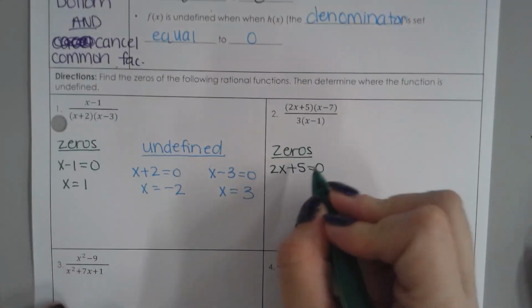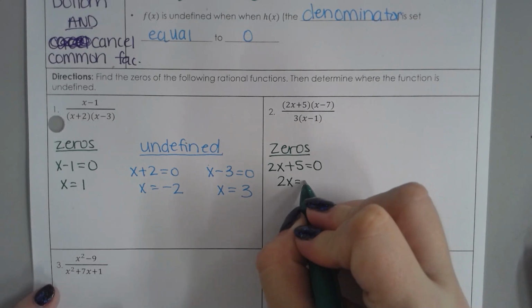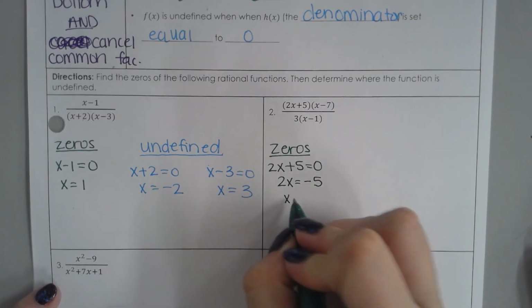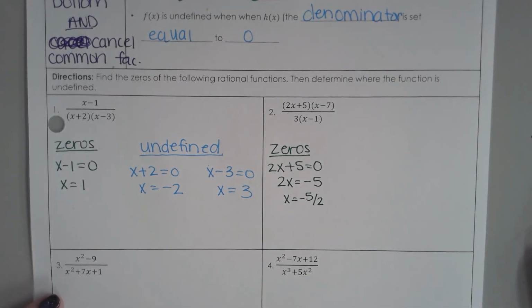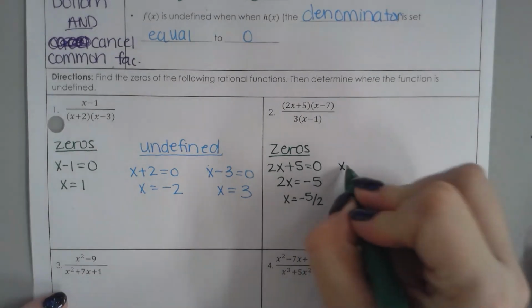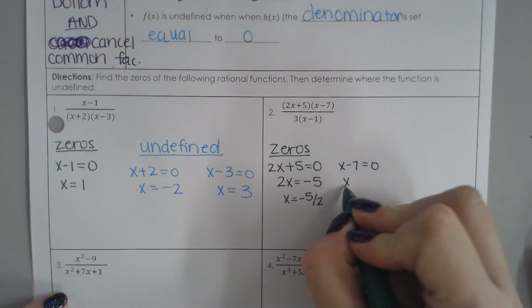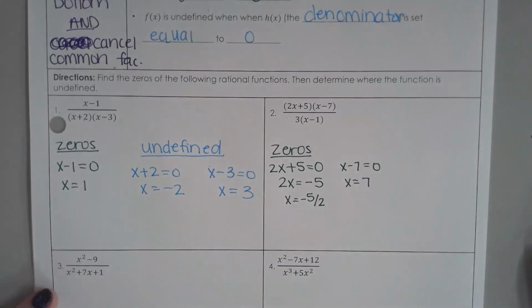If I solve this one, I would get 2x equals -5, x equals negative 5/2. And then x minus 7 equals 0, so x equals 7.